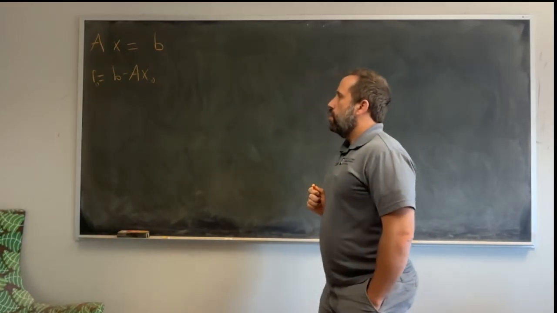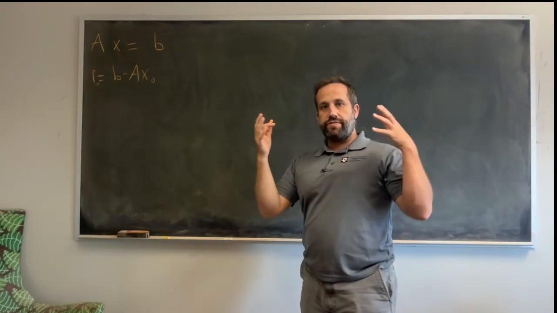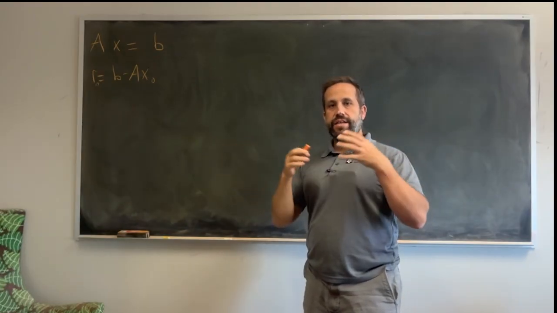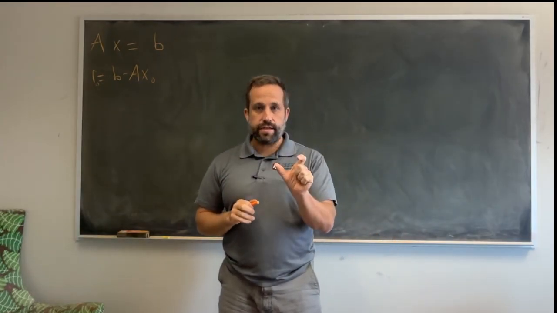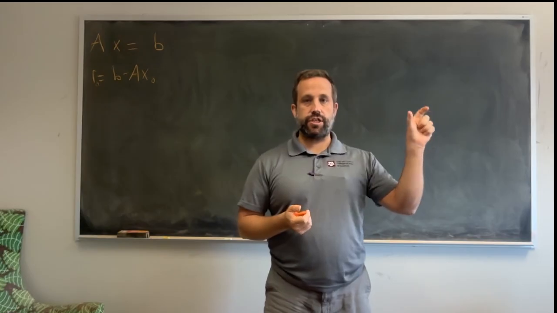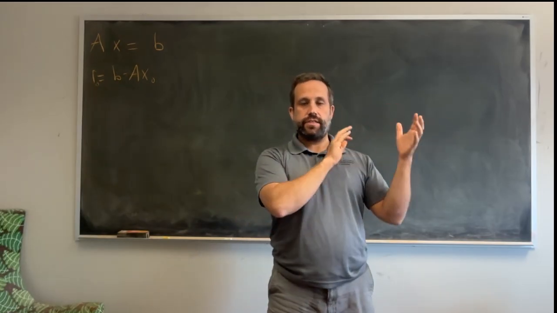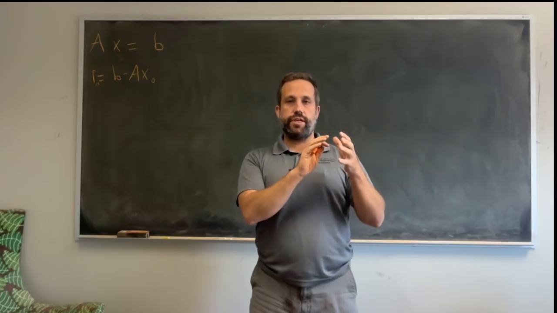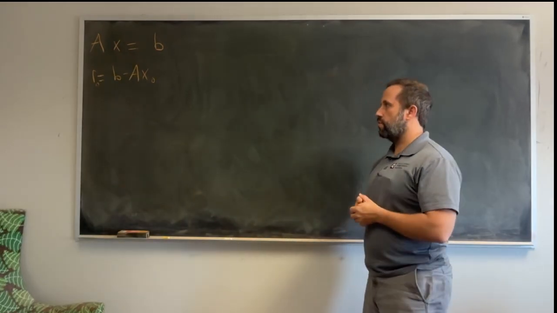Okay. So what we're going to do is we're going to build a set of subspaces, and at each subspace, we are going to go from x0 to x0 plus a vector in that subspace. So the iterative procedure is a little bit different conceptually this time than the procedures that we saw before.